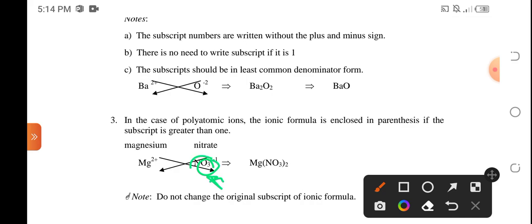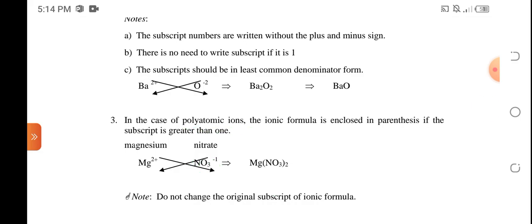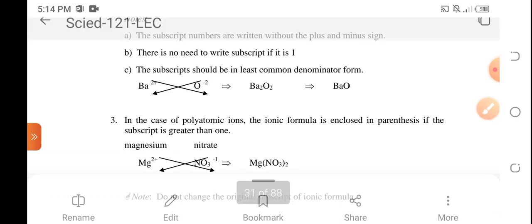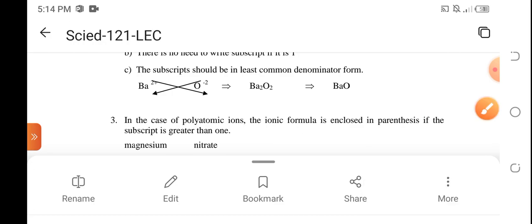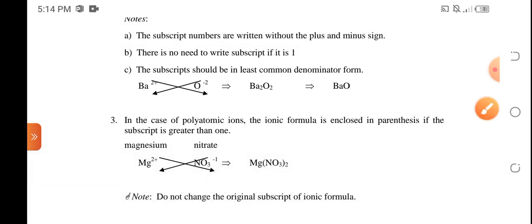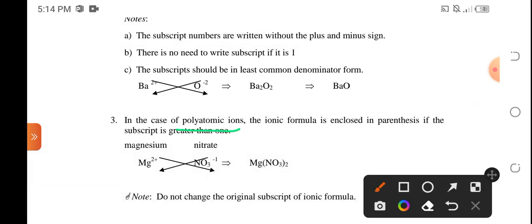Dapat yung mga original subscript ng mga polyatomic ions na yan ay makikita pa rin dun sa final answer natin or final chemical formula. Okay? Ulitin natin, we do not change the original subscript of the polyatomic ions. We only reduce those new subscript coming from the crisscrossed charges.